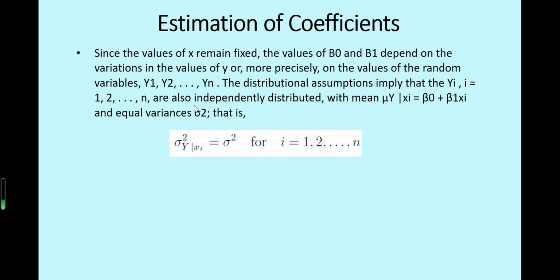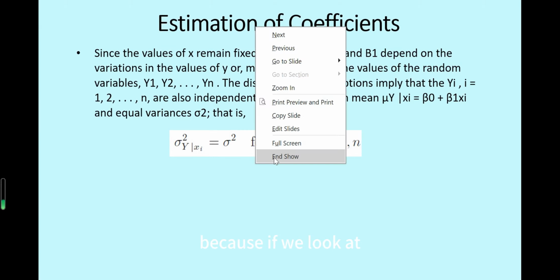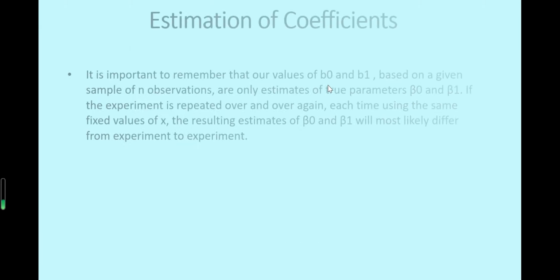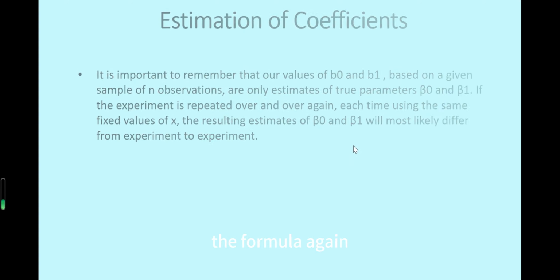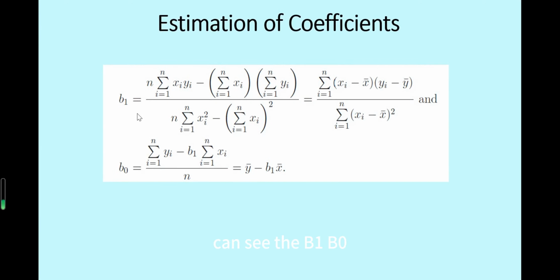Because if we look at the formula again, you can see b1 and b0 are based on the values of x and y, right? But here x is a deterministic value. x is not a random value. Only y is a random value. yi and y bar are both random values from sample to sample.